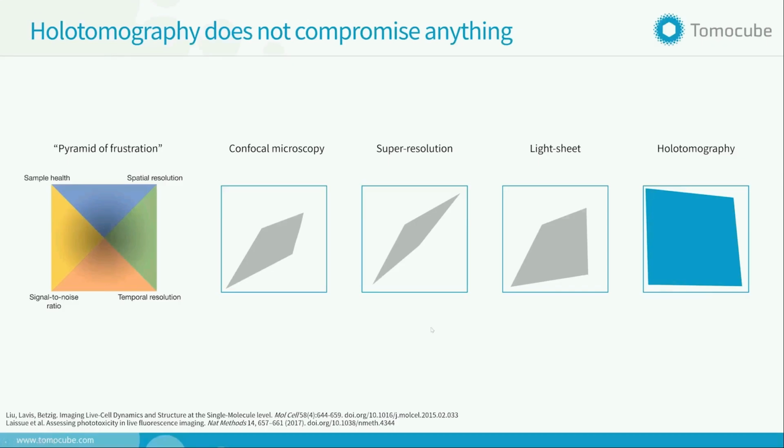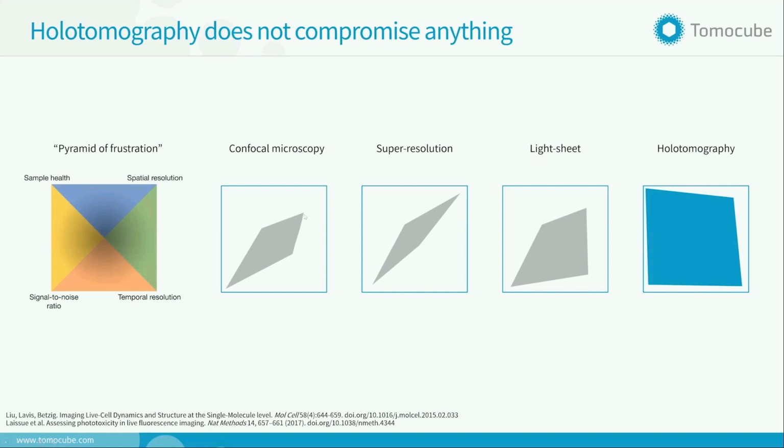So holotomography does not compromise anything in terms of live cell imaging. This is a very famous diagram in this paper, saying that spatial resolution, temporal resolution, and signal-to-noise ratio are all important in live cell imaging. But it is very difficult to achieve all of them at the same time.